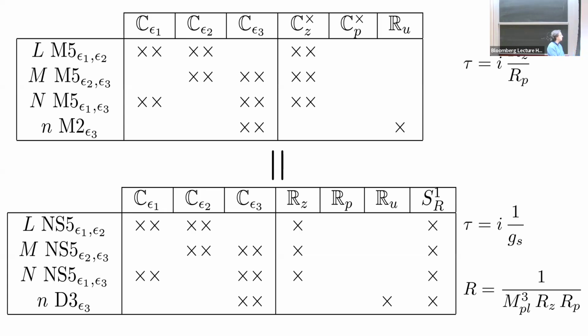But I don't remember people talking about these Q, Y, LMN algebras as subalgebras of the operator product algebra of four-dimensional N equals 2 gauge theories.